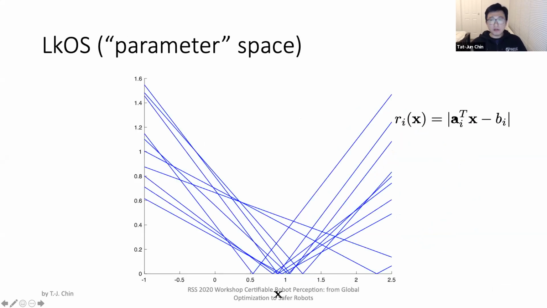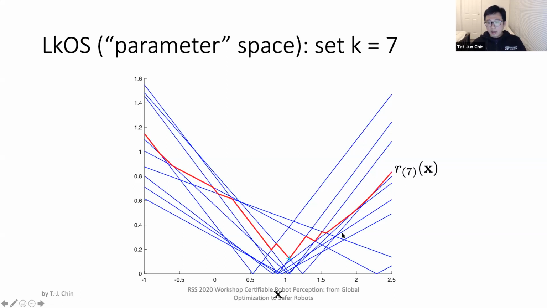Cool. So how does LKOS look in parameter space? Again, remember that we said earlier, each data point gives rise to a V curve. At any X, we can sort the residuals and find, let's say, the 7th largest one. X is a point on the horizontal axis.